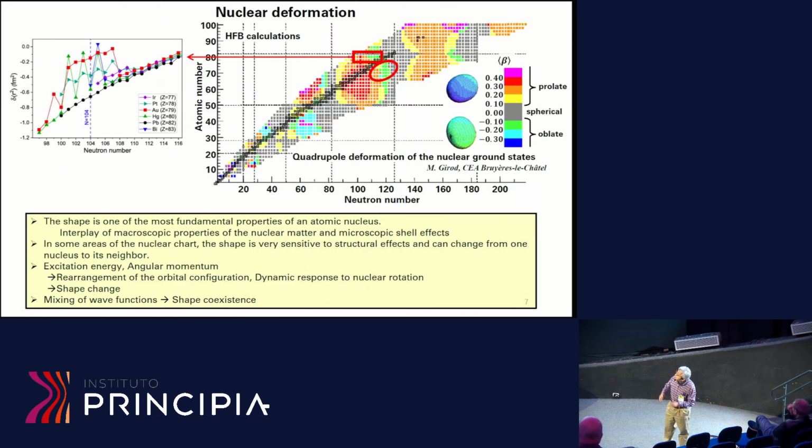And such single particle levels are affected by the deformation. Actually, this nuclear region is located in the nuclear deformed region, and the neutron number is approaching the neutron magic number 126. The shape changes from prolate to oblate, and finally goes to spherical.